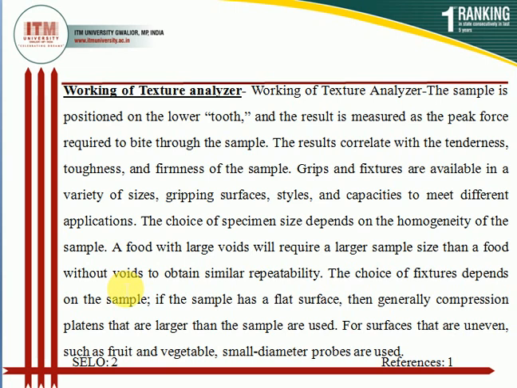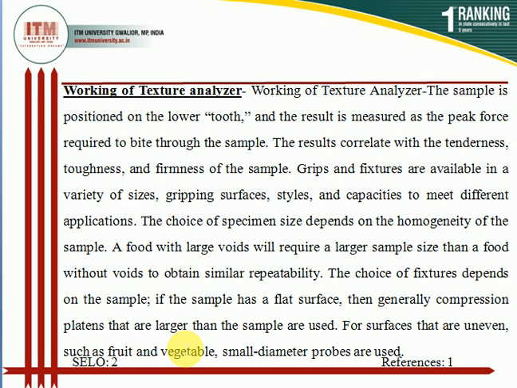A food with large voids will require a larger sample size than a food without voids to obtain similar repeatability. The choice of fixtures depends on the sample. If the sample has a flat surface, then generally compression platens that are larger than the sample are used. For surfaces that are uneven, such as fruits and vegetables, small diameter probes are used.